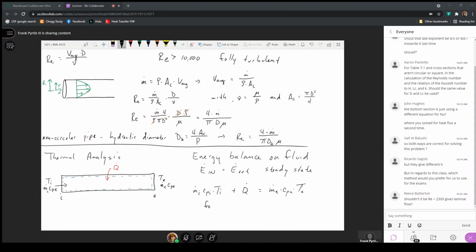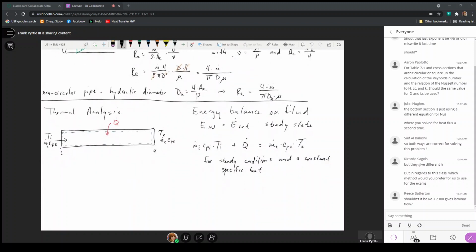Now here, for steady conditions and a constant specific heat, this expression can be written as Q dot is equal to Q. Now, if it's a steady condition, the mass flow rate at the inlet and the mass flow rate at the exit are the same.